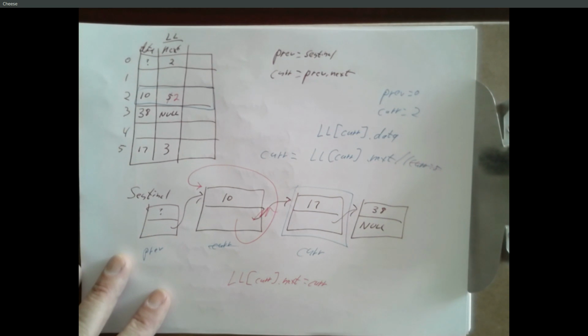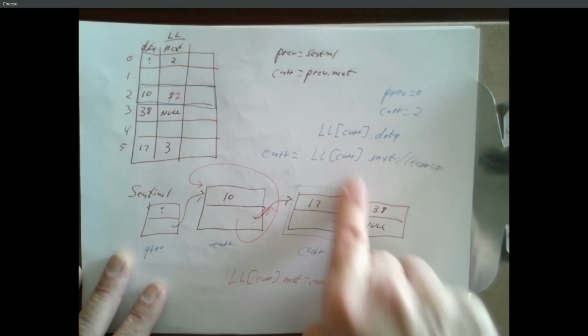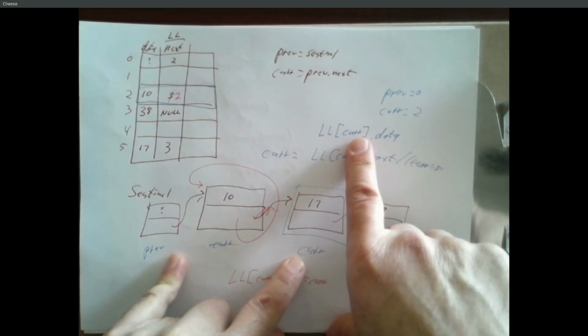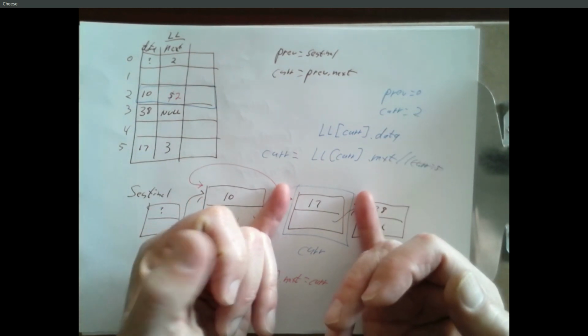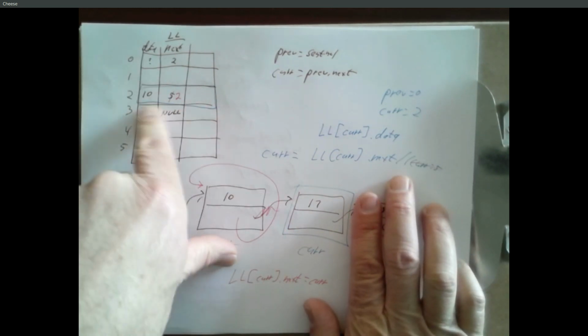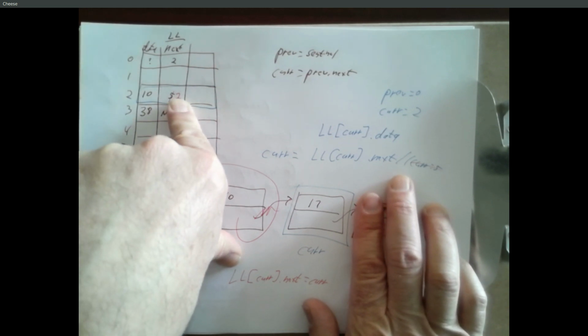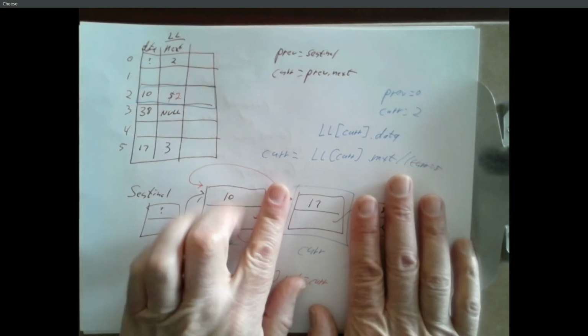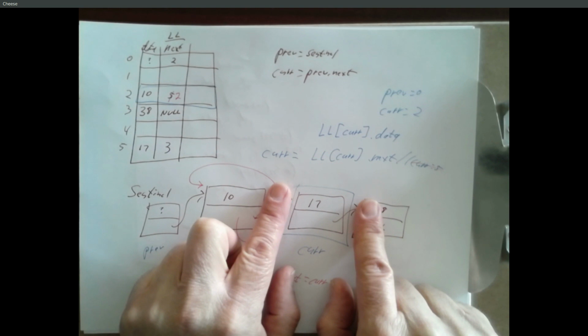But for example, your LL[current]: current is just an index of the linked list. So current is an index in the array, which is what we're thinking of as the node. LL[current] is basically this node. It's exactly an element of this array, which means it's a struct node in terms of C. That node is called current.